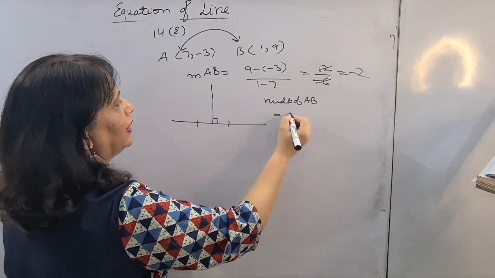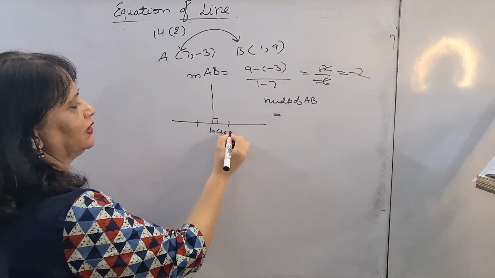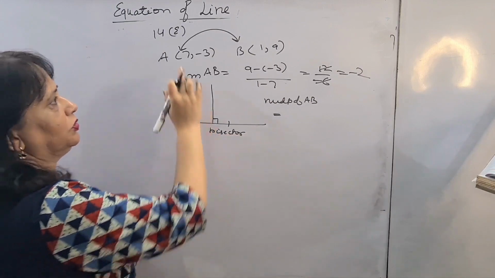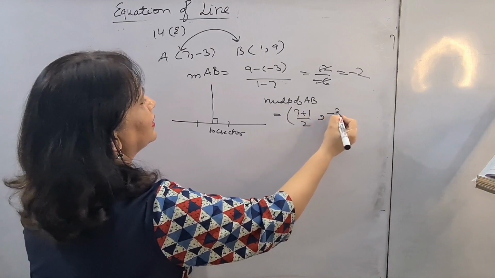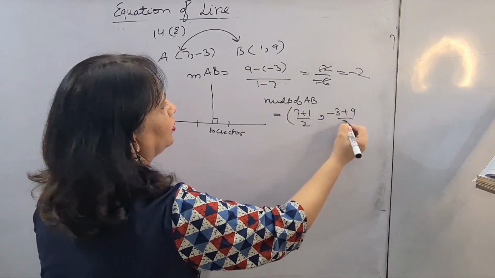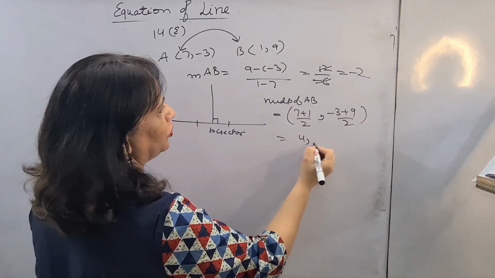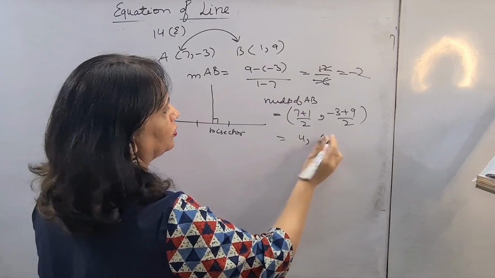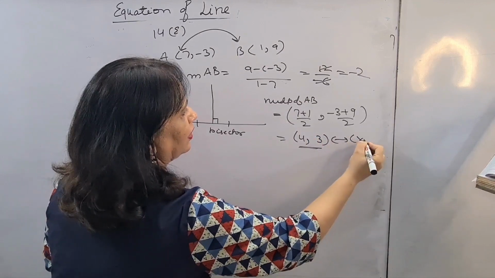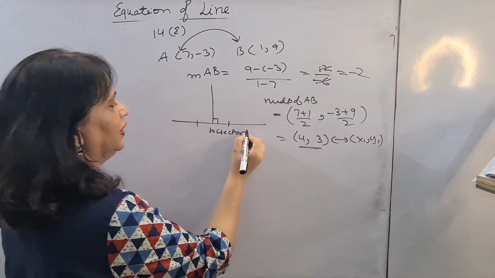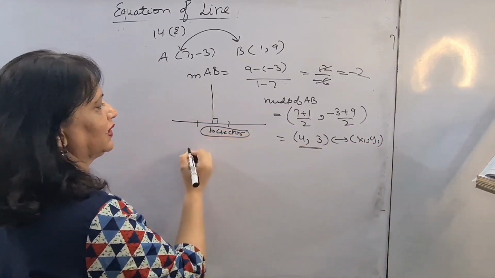It is given in the question, bisector. So (7 + 1) upon 2, midpoint formula, that is 8 upon 2, 4. (-3 + 9) upon 2, 6 upon 2, that is 3. I got the point (4, 3), that is x1, y1. I have finished the first condition, bisector.